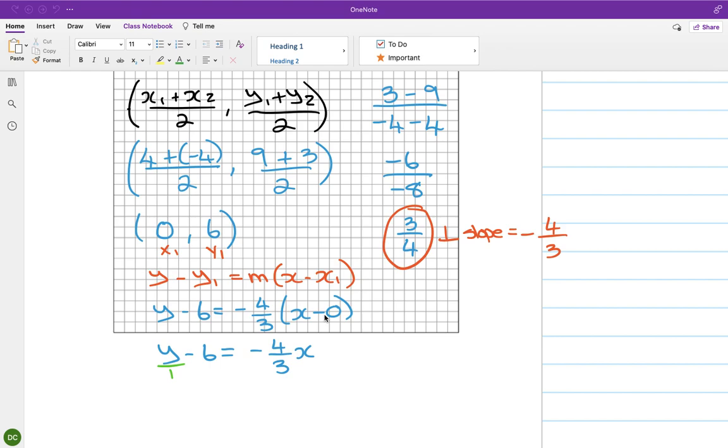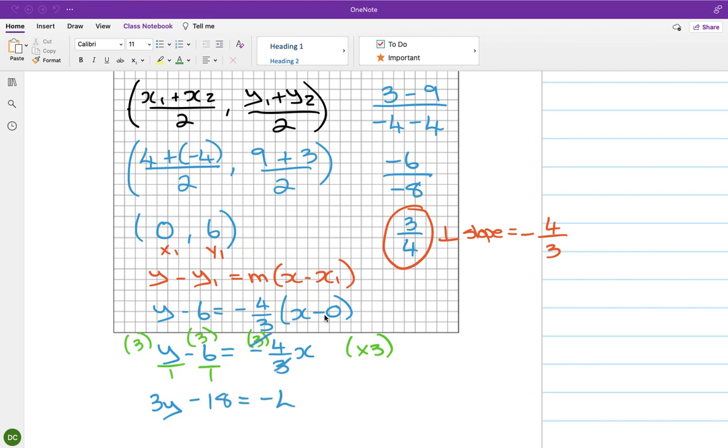I'm going to multiply across by 3. So I put the other two over 1 to make them fractions, and then I'm going to multiply everything by 3. So I get 3y minus 18. Here the 3's cancel, so that equals minus 4x.